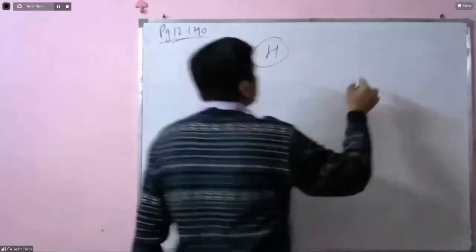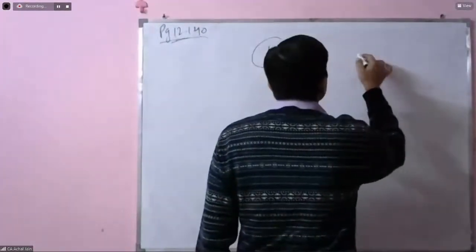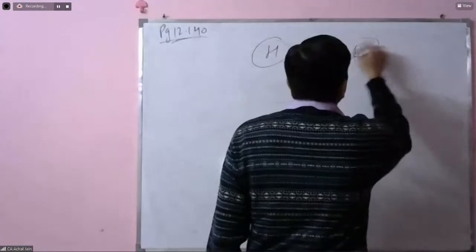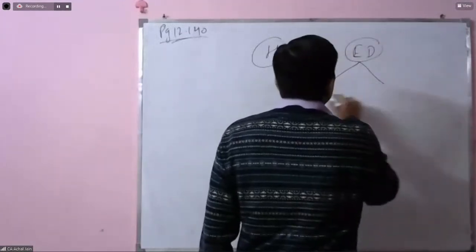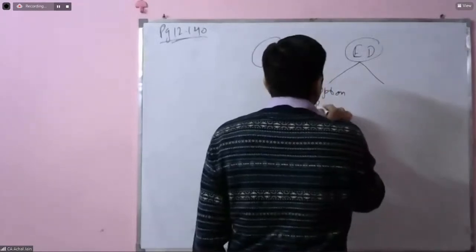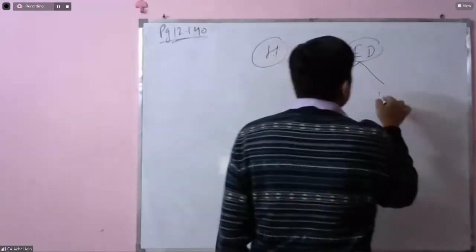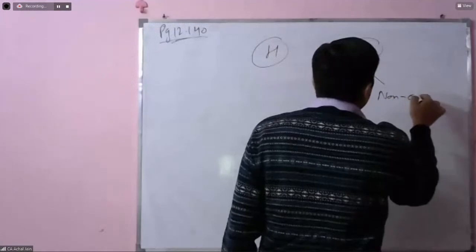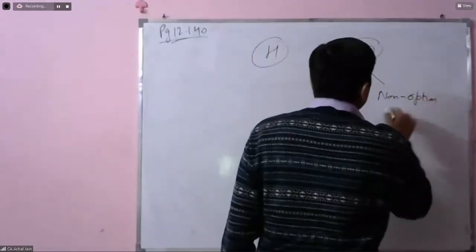Let's understand. This is host and this is embedded derivative. So we are saying option based and this is non-option based.